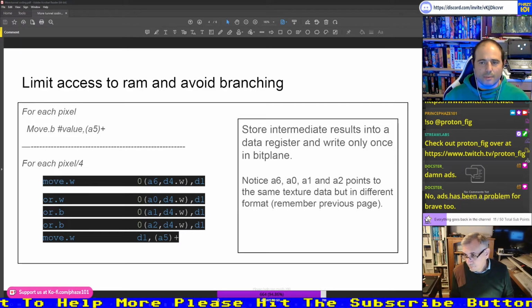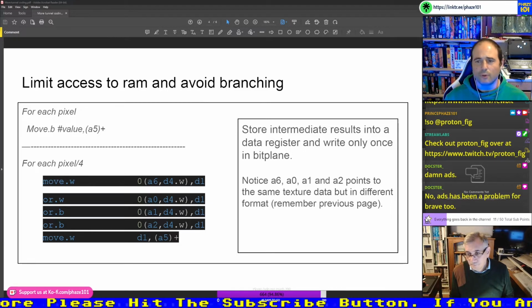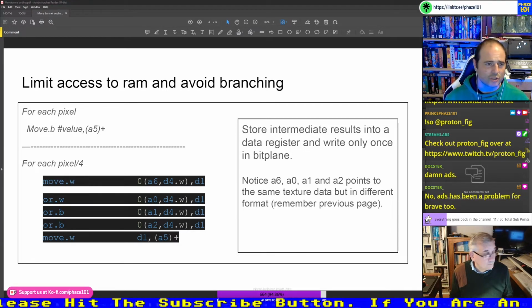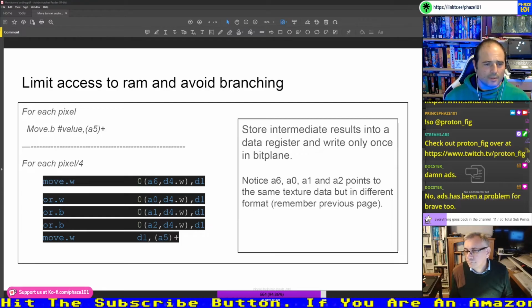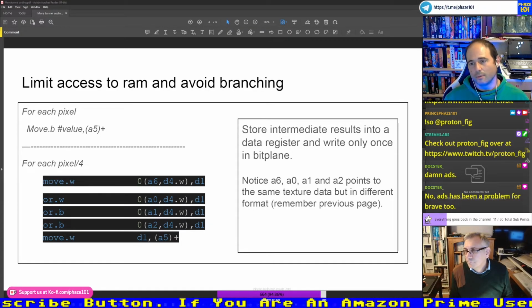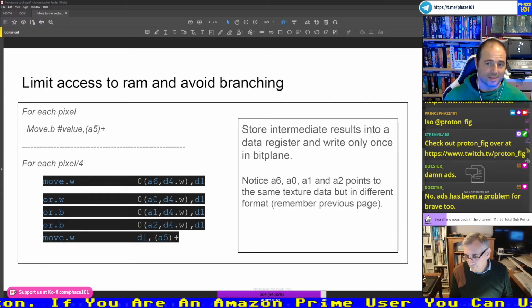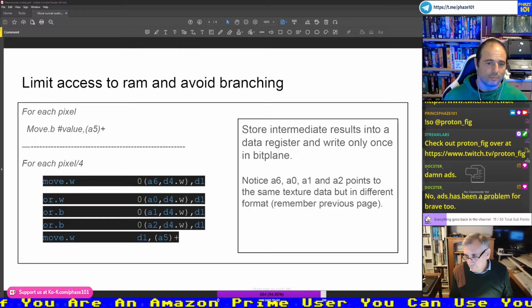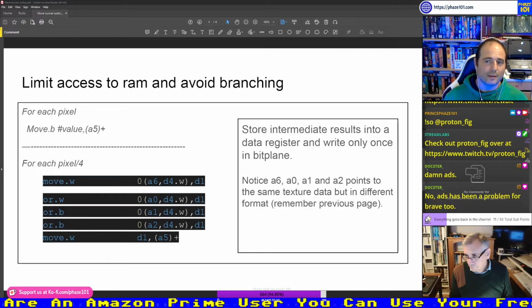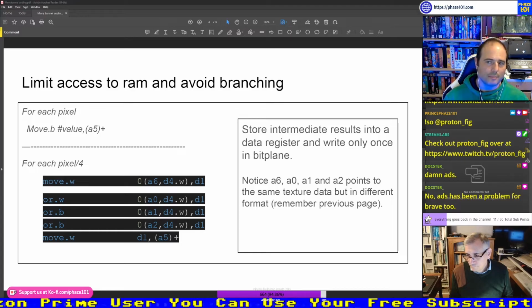With this other method, I gained a lot, because if you look at the last instruction, there is a move.w d1, which holds the value of 4 pixels. So I'm writing data for 4 pixels at a time.